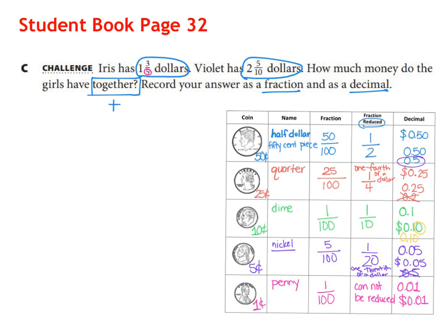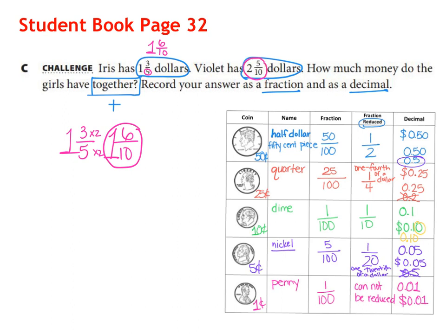So the first thing I'm going to do is double 3/5. So if I take that times 2 on the bottom, I get tenths. But I need to take it times 2 on the top, and I get 6. And I don't want to forget my 1 whole here. So I have 1 6/10. So Iris really has 1 6/10 dollars. And Violet still has 2 5/10 dollars.